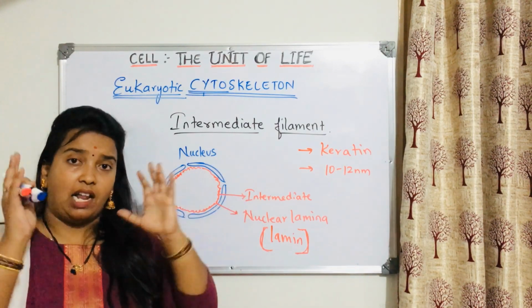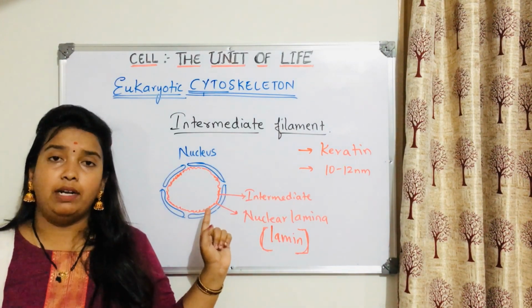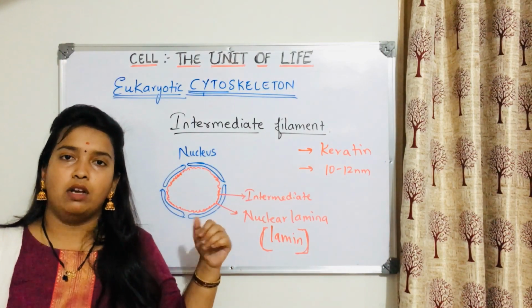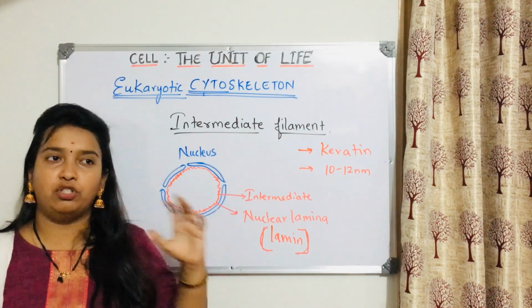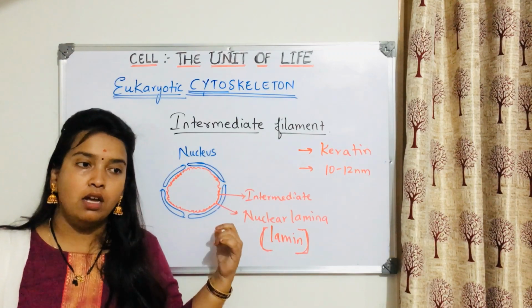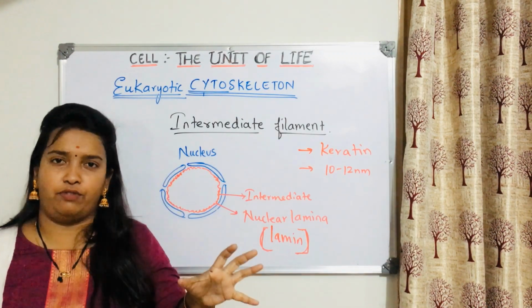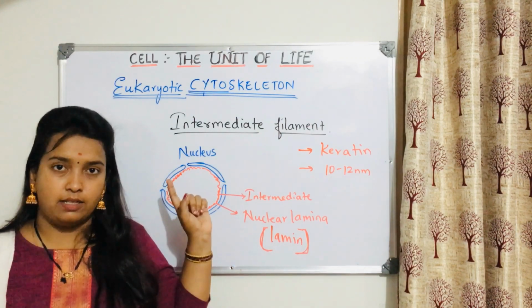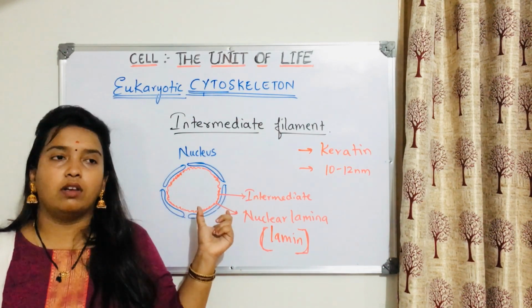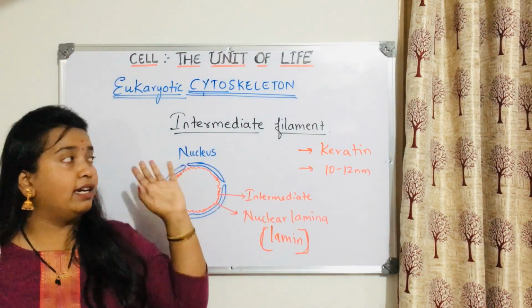It keeps this nucleus like this only because of this filament. It remains like this only. Movement as such is not much important. It is very much stiff. Good word is stiffness. It's not flexible like the other two. So this much about intermediate filament.